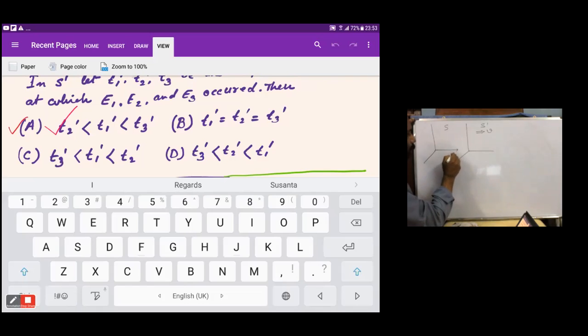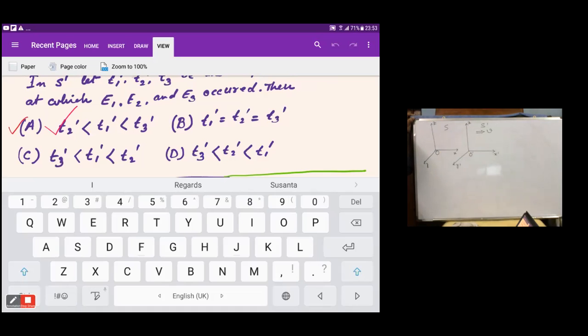So coordinate axes are X, Y, and Z for S with origin O, and X dash, Y dash, and Z dash are the coordinate axes for S dash with origin O dash.